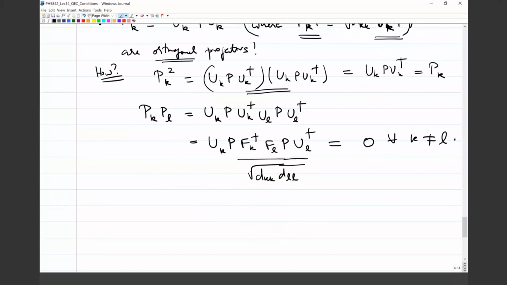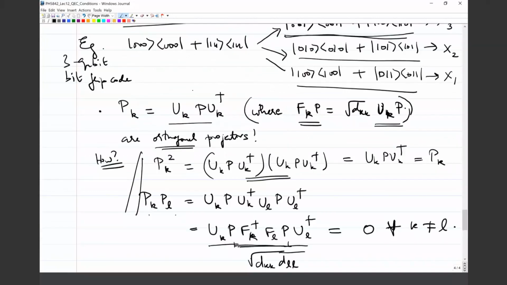So the product of these two projectors vanishes whenever k is not equal to l, because again, going back to the error correction condition, this overlap vanishes whenever k is not equal to l. So because of these two reasons, I have a set of projectors which are simply defined by the action of this unitary on the code space projector.